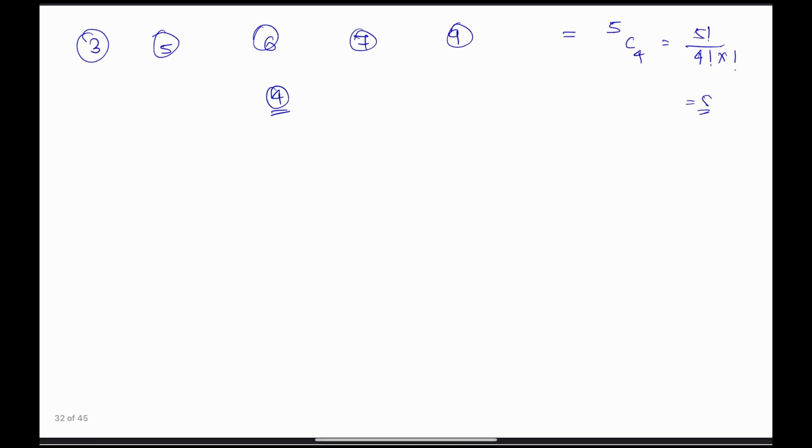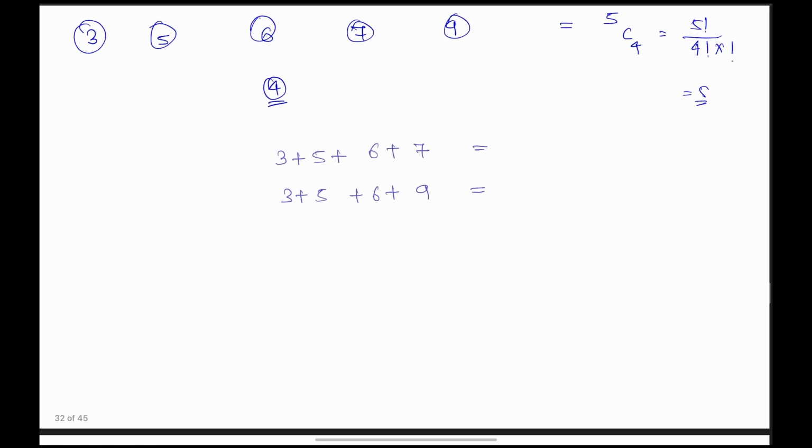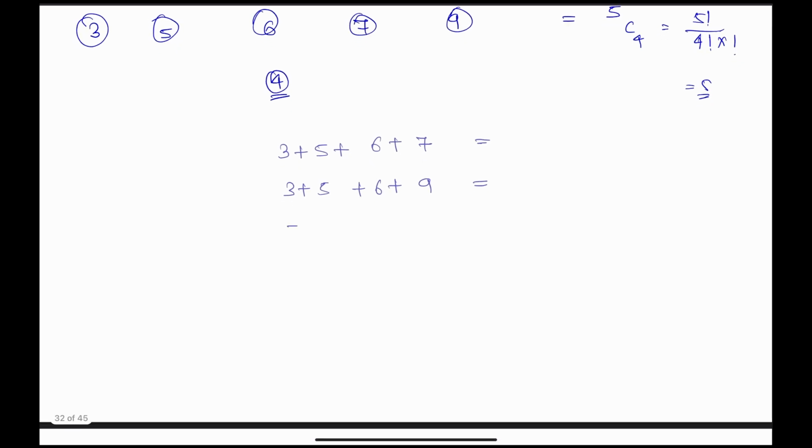What are those groups? The first group will be nothing but 3 plus 5 plus 6 plus 7. The second group will be 3 plus 5 plus 6 plus, instead of 7 we will take 9. Third group, we'll just remove 3: 5 plus 6 plus 7 plus 9, which is also a unique group in which 3 is not there.